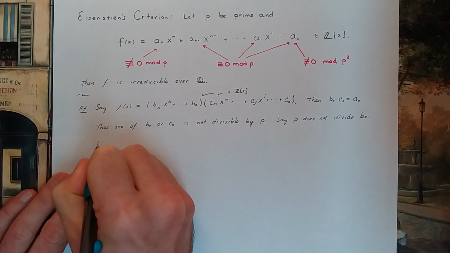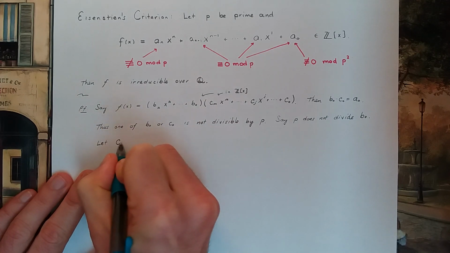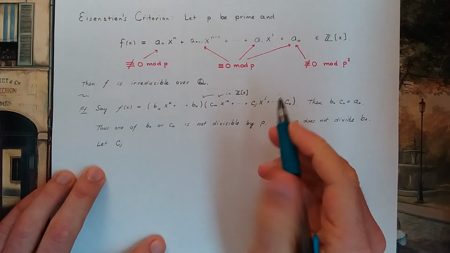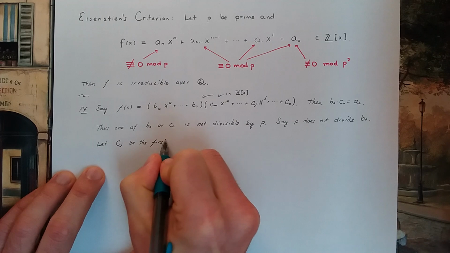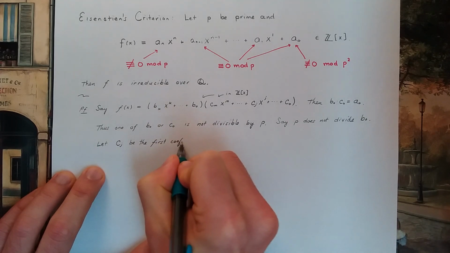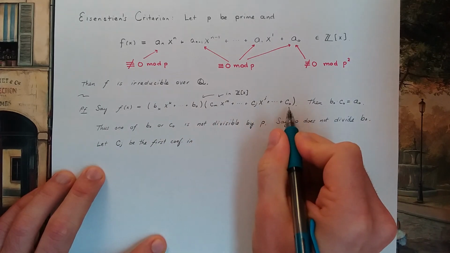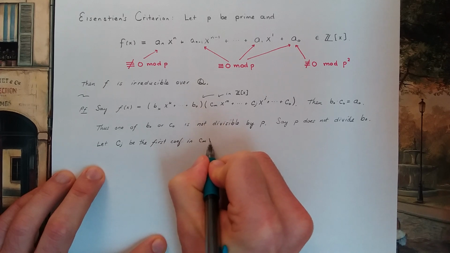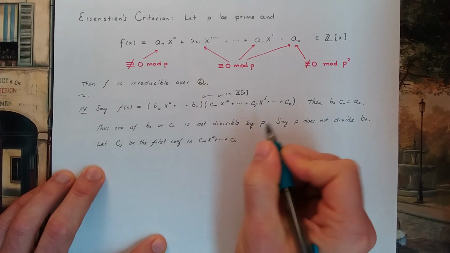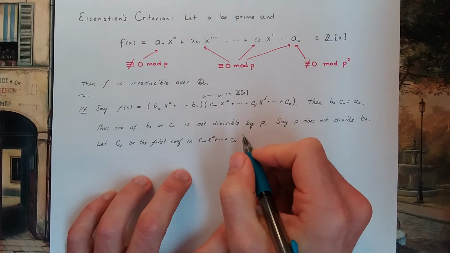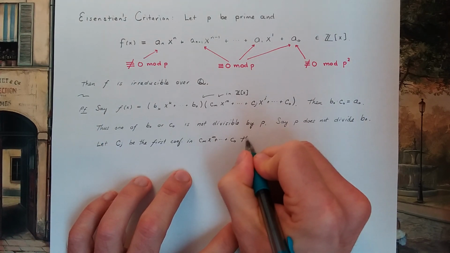So I'm going to let c_j be the first coefficient in this second polynomial that is not divisible by p.